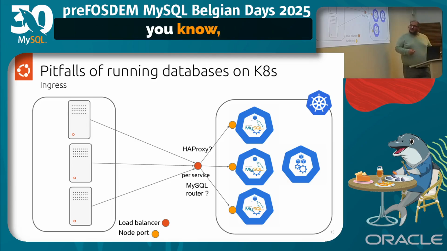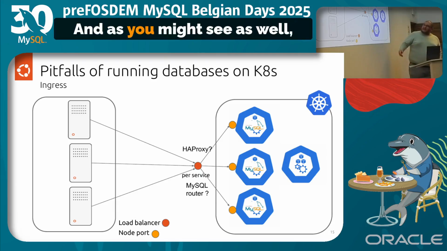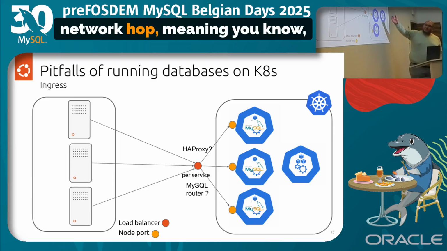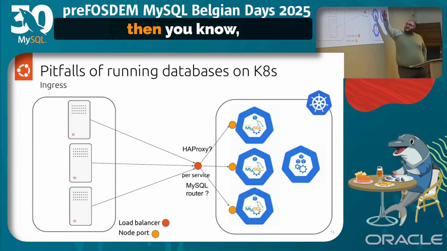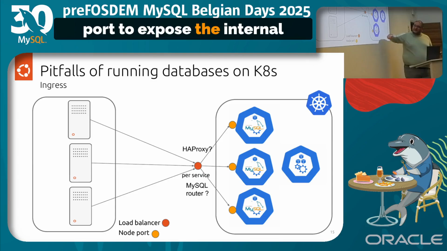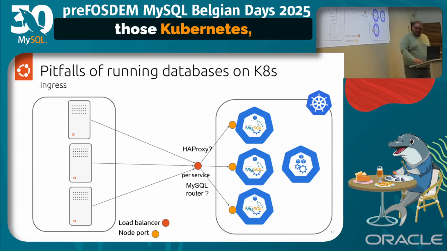And depending on the way you are deploying, that might generate a lot of cost for you. And as you might see, it also means that there is another network hop, so we'll have one here and then to the MySQL nodes. And behind the scenes, it's using node port as well to expose the internal service provided by those Kubernetes worker nodes.